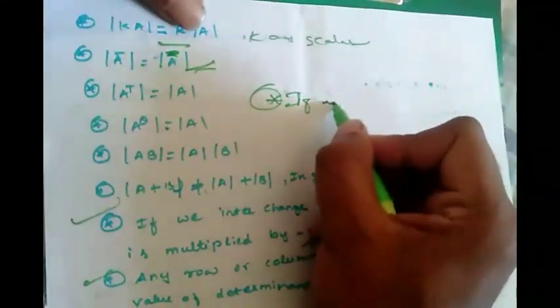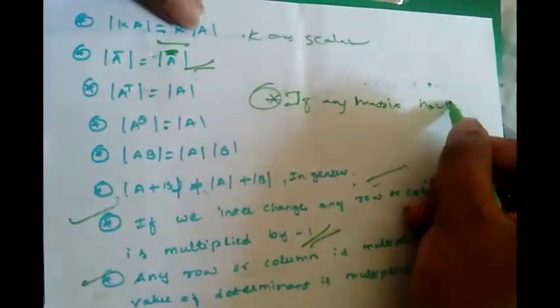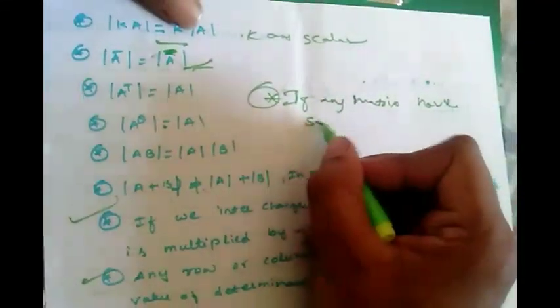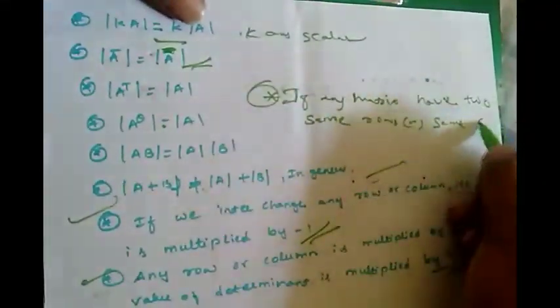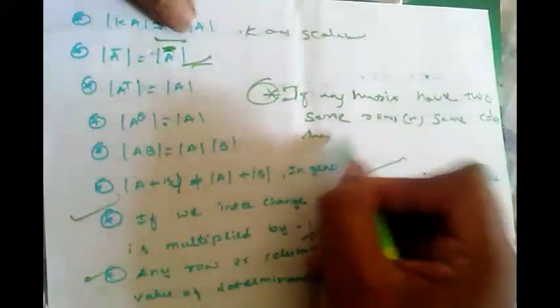Some other properties are also there. If any matrix has two same rows or same columns, then the determinant of that matrix is 0.